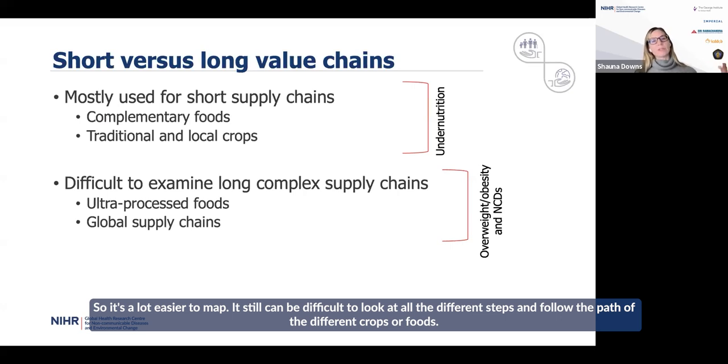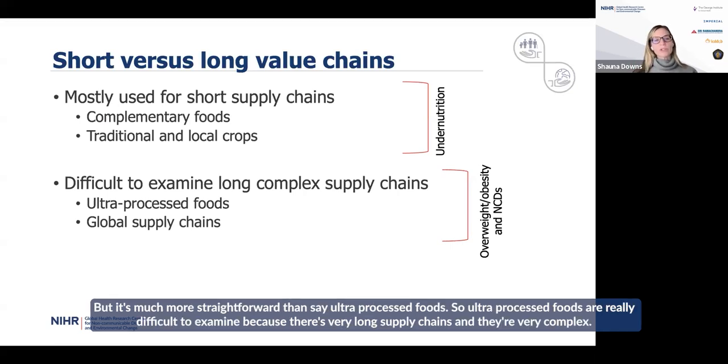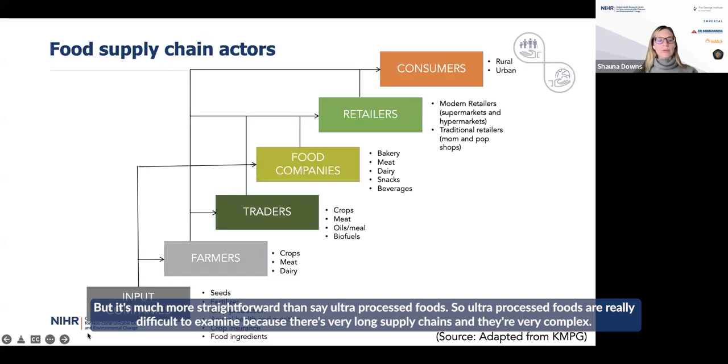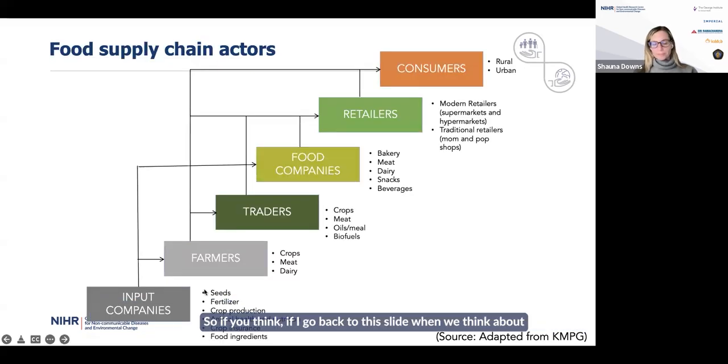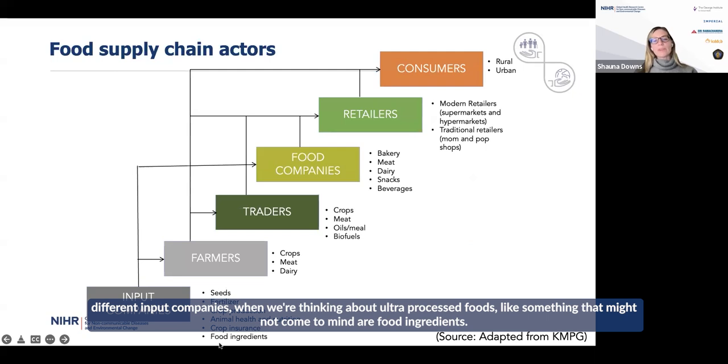It still can be difficult to look at all the different steps and follow the path of the different crops or foods, but it's much more straightforward than, say, ultra processed foods. Ultra processed foods are really difficult to examine because there are very long supply chains and they're very complex. So if I go back to this slide, when we think about different input companies, when we're thinking about ultra processed foods, something that might not come to mind is food ingredients.